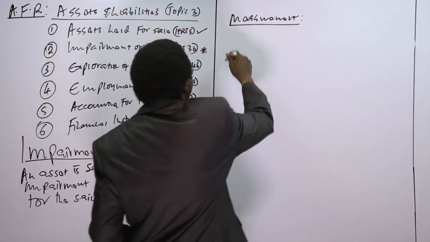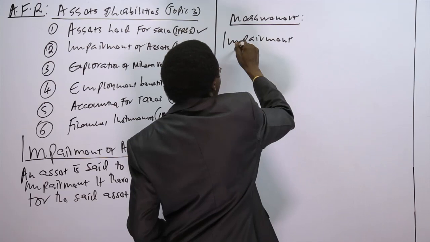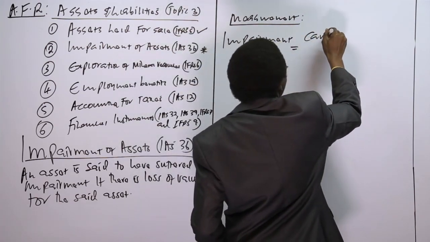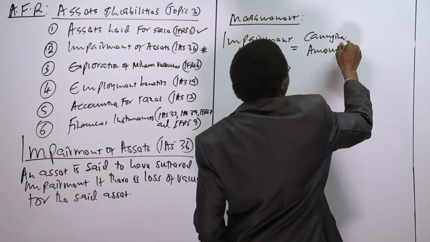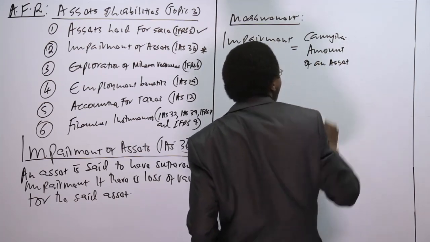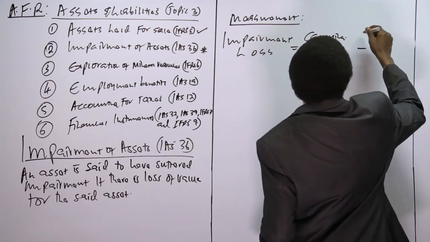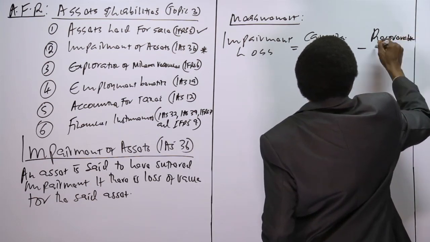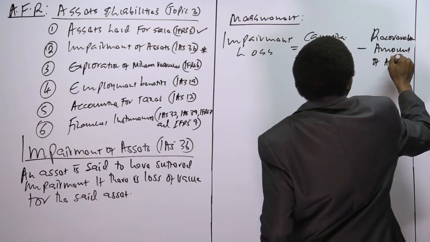You should remember that impairment loss is equal to the carrying amount of an asset, from which we subtract the recoverable amount of the asset.